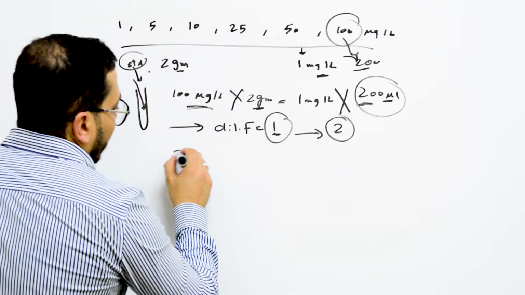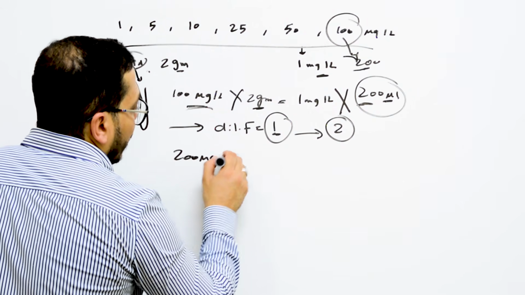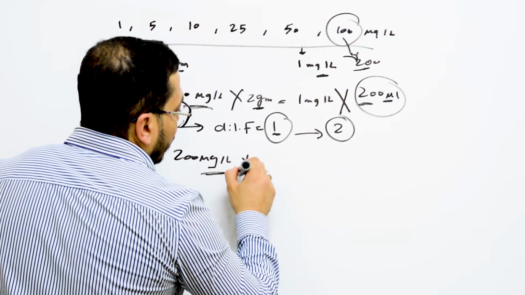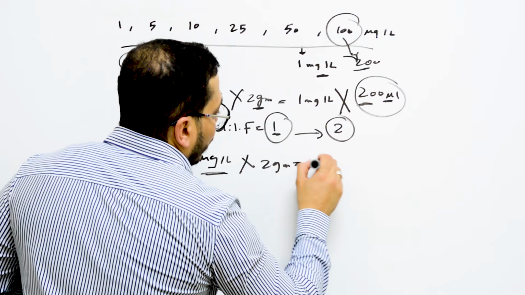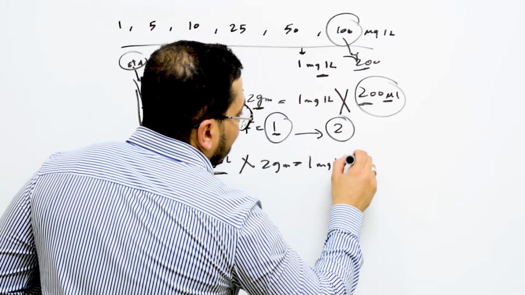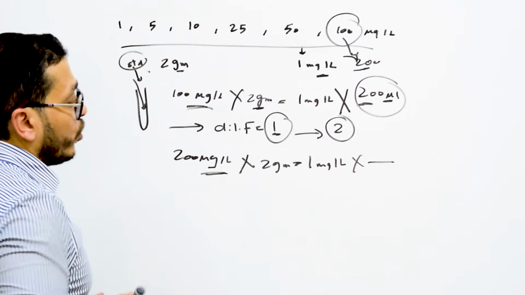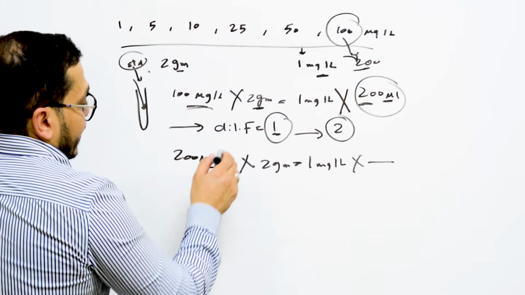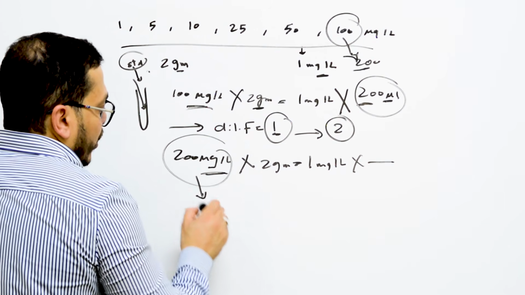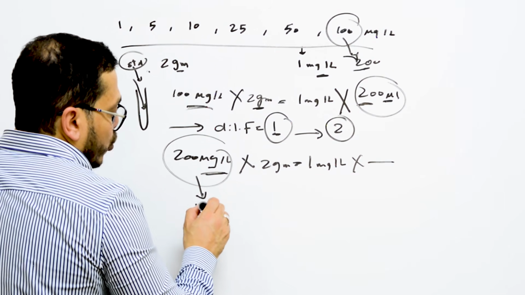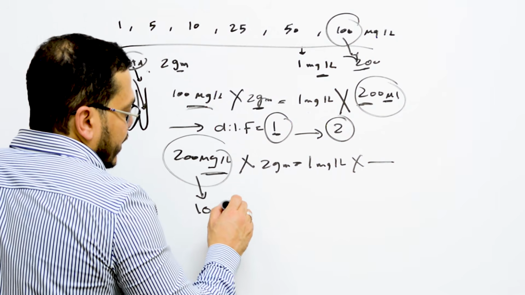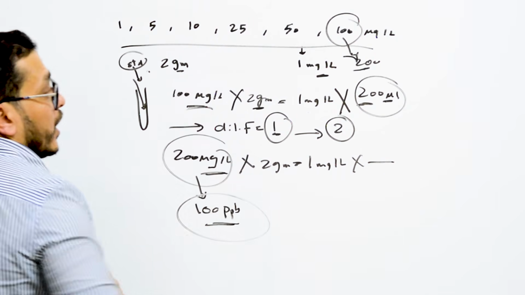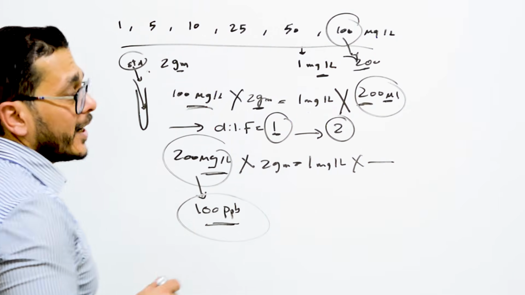So you will prepare 200 microgram per kilogram, multiplied by 2 gram sample from 1 milligram per liter, equal to the volume you want to add. And this 200 ppb will be 100 ppb on the instrument. That is the case of the first, higher level.